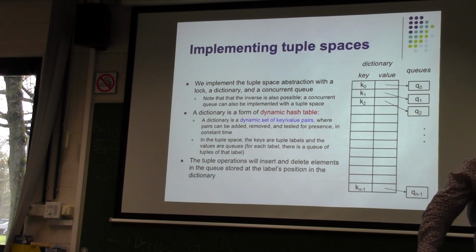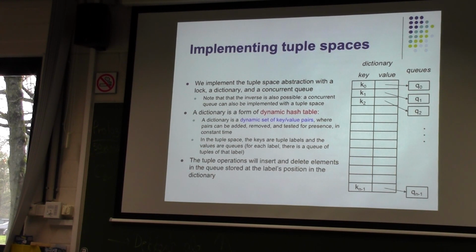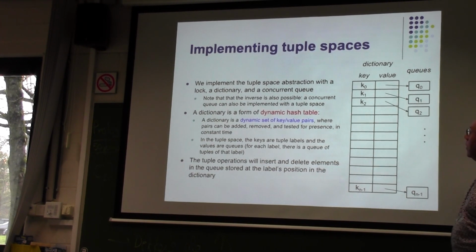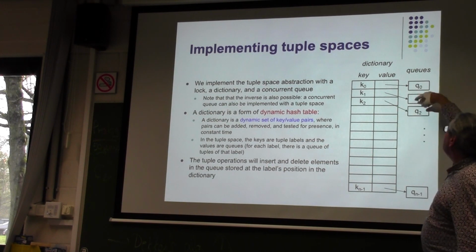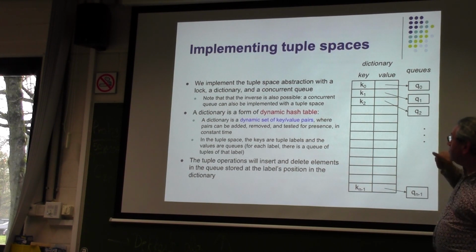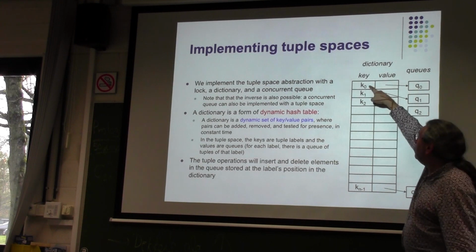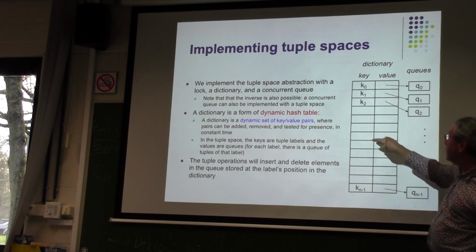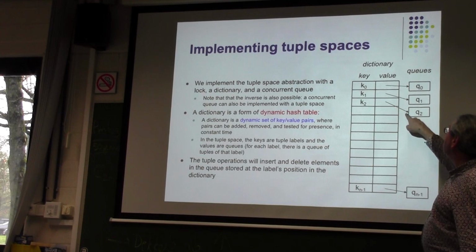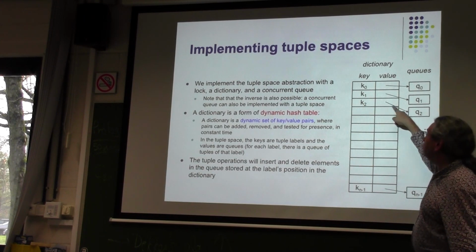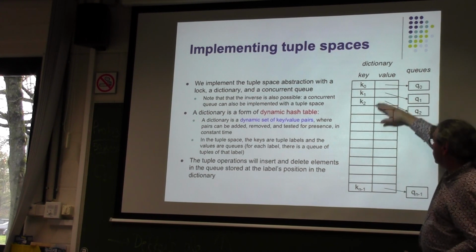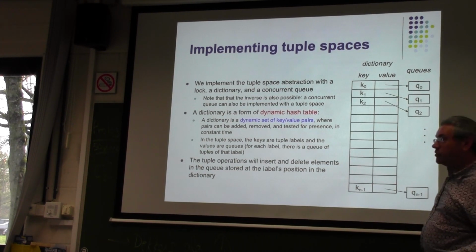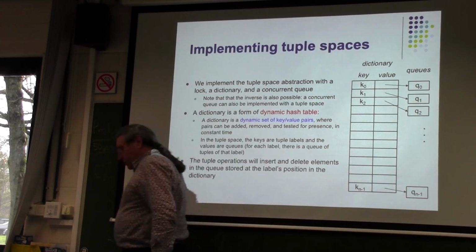So if we have a tuple with label A, for example, and if there are three of them, then we have a queue with those three elements. Okay? So the tuple operations will insert and delete elements in the queue, and if you insert a tuple and there's no label, then you will add a label, and if the queue becomes empty, you can actually remove this entry. The dictionary is a dynamic hash table. You can expand and shrink. So this lets you implement tuple space.